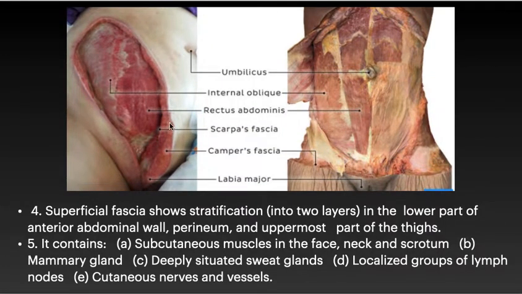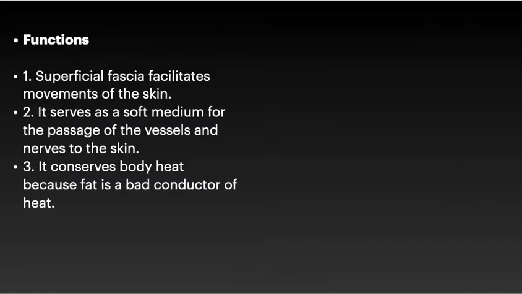Now, superficial fascia shows stratification or layering in the lower part of the anterior abdominal wall, the perineum, and uppermost part of the thighs. It contains subcutaneous muscles in the face, neck, and the scrotum. Also mammary gland, deeply situated sweat glands, localized group of lymph nodes, cutaneous nerves and vessels.